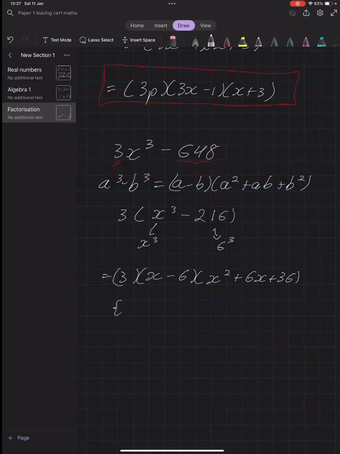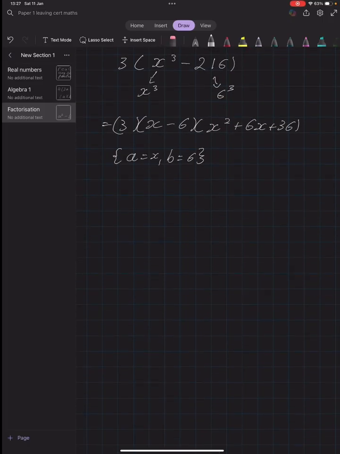Just in brackets, we get that a equals x and b equals 6. Alright, so that concludes that.